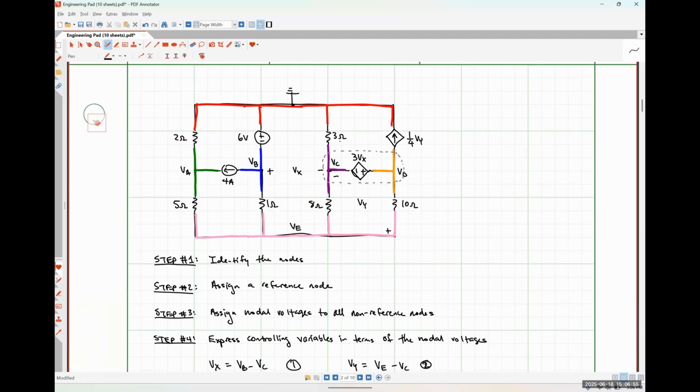So I've drawn this bubble around nodes C and D, surrounding that 3Vx source.